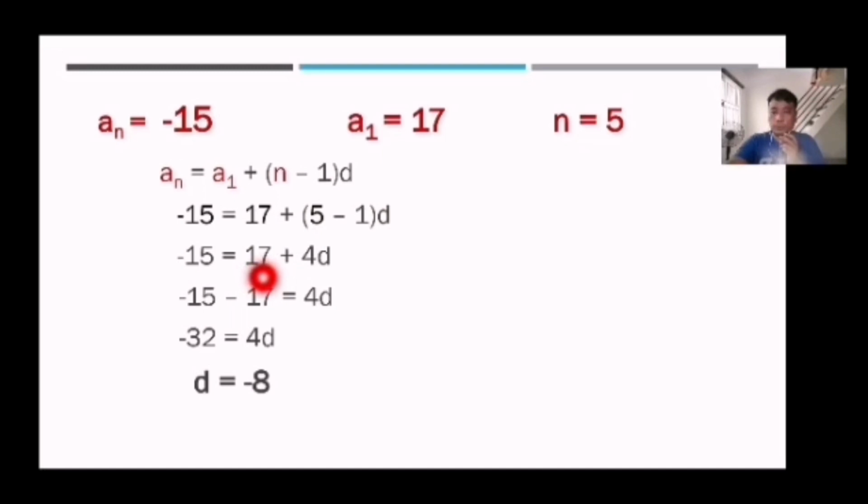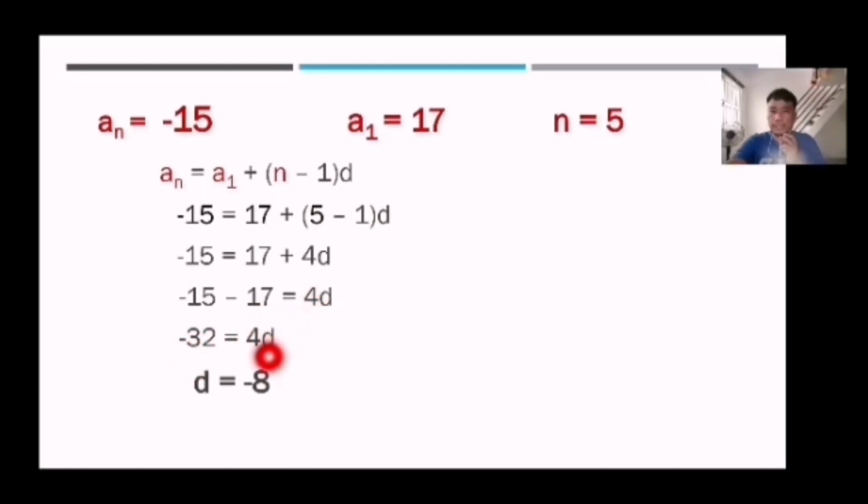So just like what we did in the first example, transpose natin on the other side of the equation si 17. So we change its sign. It becomes negative 15 minus 17, bring down 4D. Negative 15 minus 17 is negative 32.